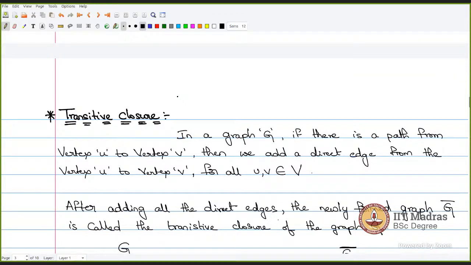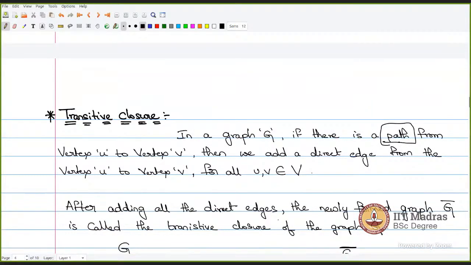If there is a path from one vertex U to another vertex V, I'm stating path here. No need to be a direct edge. If there is a path from vertex U to vertex V, then we add a direct edge from vertex U to vertex V, for all such U, V belonging to my vertex set.